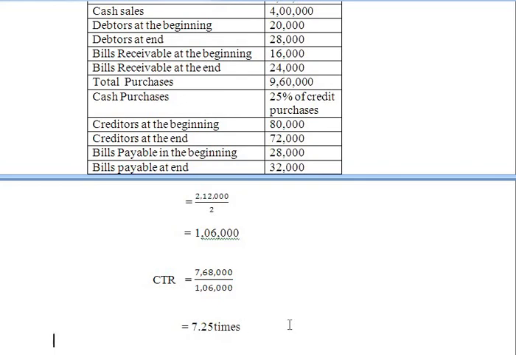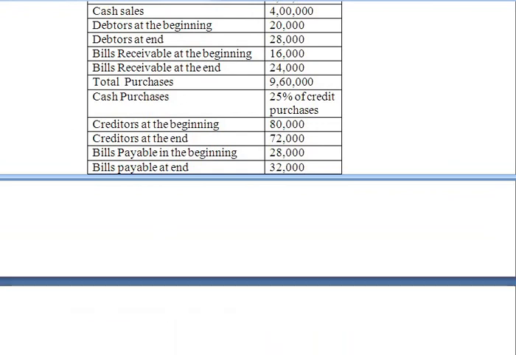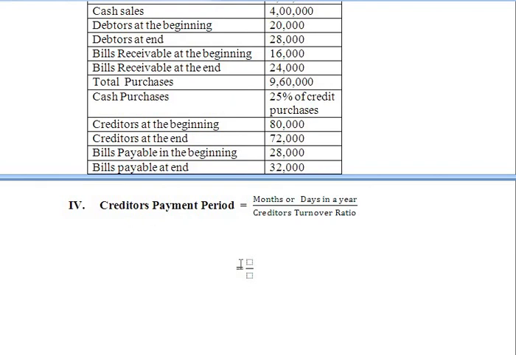Now the last one is the creditors payment period ratio. What is the formula? Days or months in a year divided by the creditors turnover ratio. Here again we will take 365 days divided by the creditors turnover ratio, which we just calculated as 7.25 times.